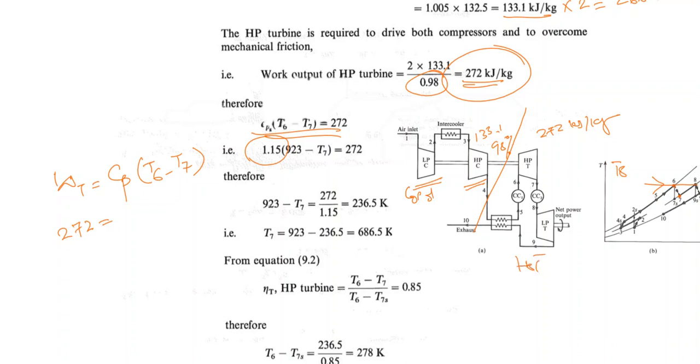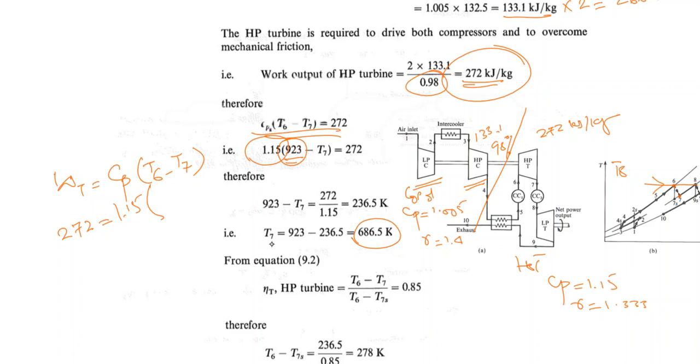So over here I'm using the Cp value of 1.005, and over here I'm using the Cp value of 1.15. The gamma over here is 1.4, and gamma over here is 1.33. So Cp value is 1.15 over here, and T6 is 650 plus 273, that would be in Kelvin. I can find the temperature T7, which is equal to 686.5 Kelvin.